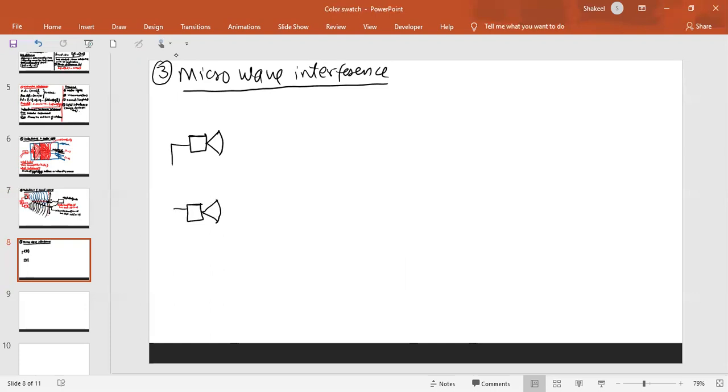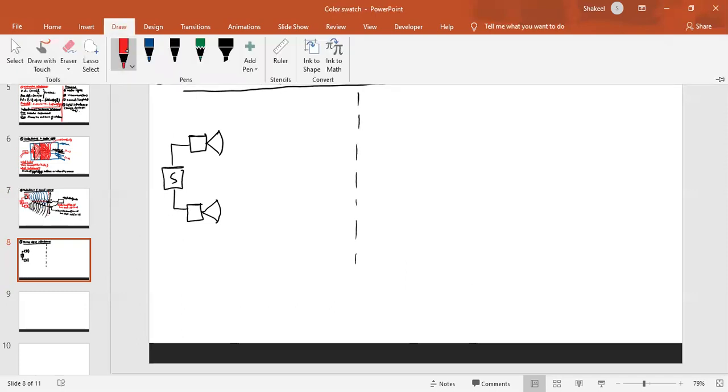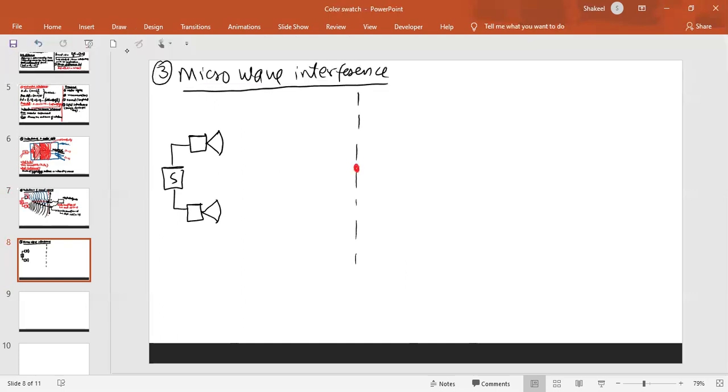These two are connected to the same source, just like the loudspeakers. And over here is the point on which we have to move an antenna. So let's say this is an antenna which is moved, because to detect the microwave you need an antenna. And then you connect it similarly to a CRO or to an intensity meter.